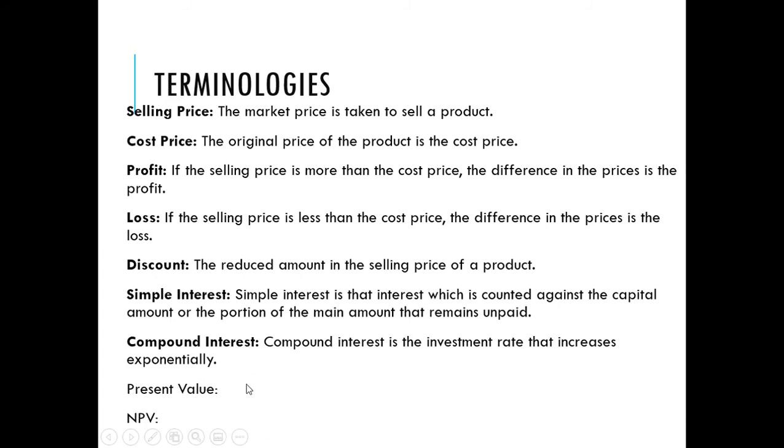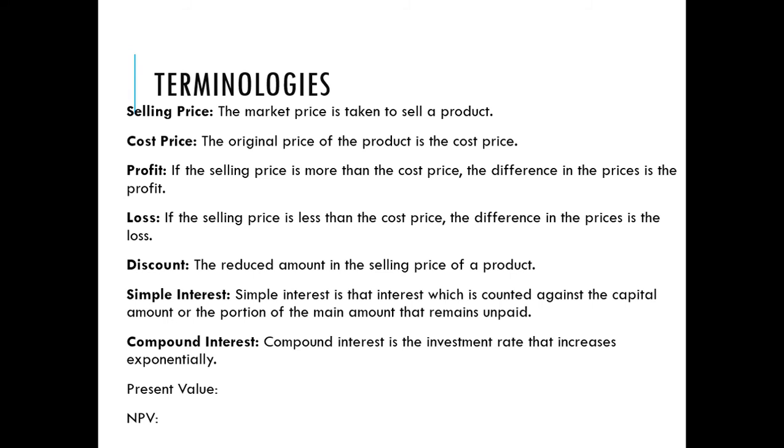Net present value is the difference between the present value and the original value. The difference between the present value and the original what? Value. Again, let me bring to our attention that when you're talking about the net present value and the present value or the time value, this entails the purchase of fixed assets in a business.